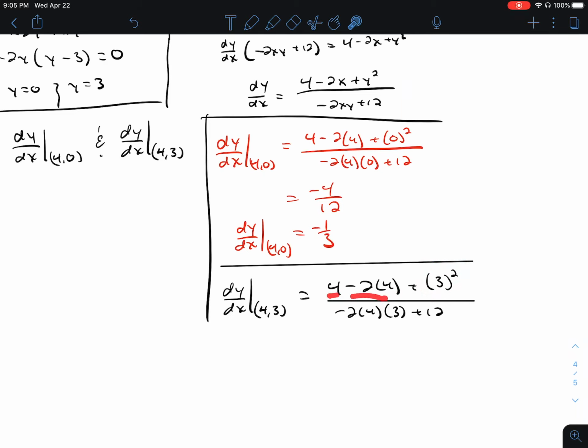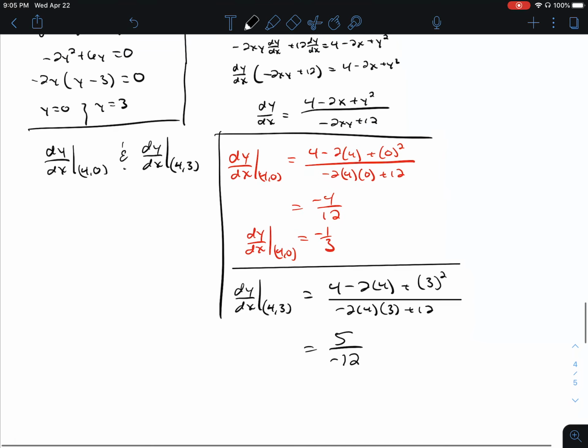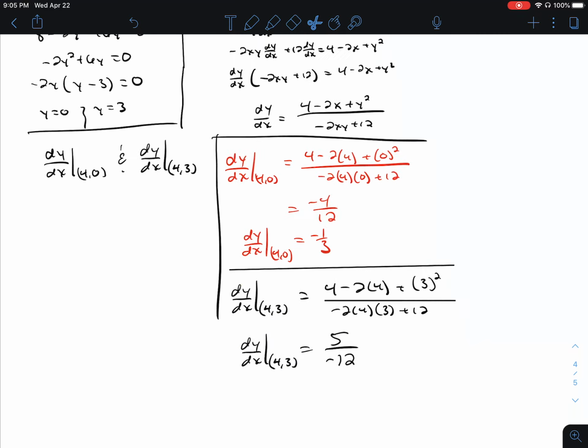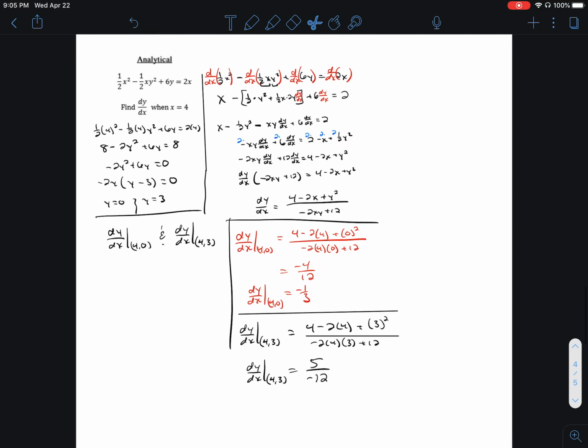So 4 minus 8 is negative 4. Negative 4 plus 9 is 5. In our denominator, this is 12, negative 24. Negative 24 plus 12 is negative 12. Not an impossible problem, but boy, the chance for errors in this is very large.